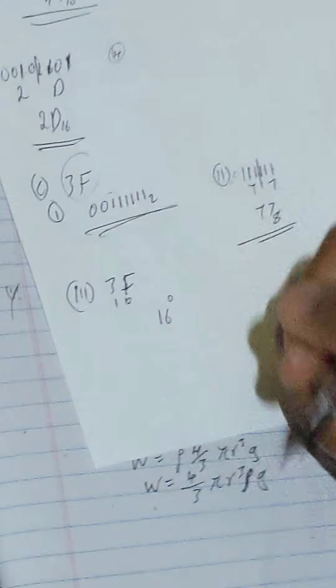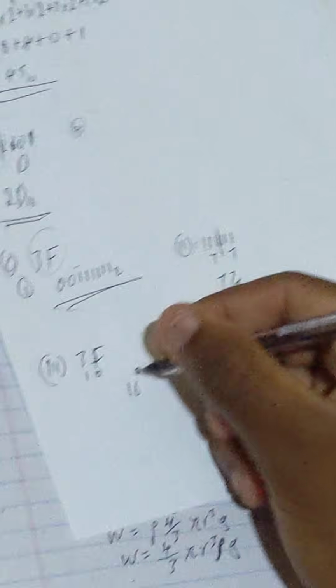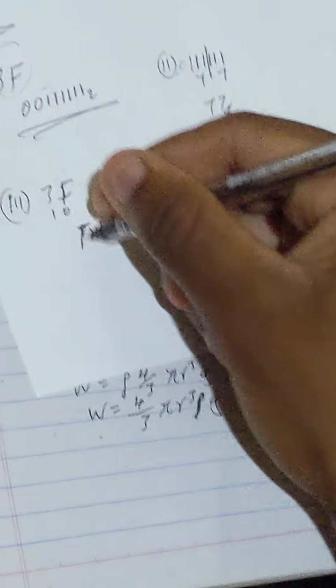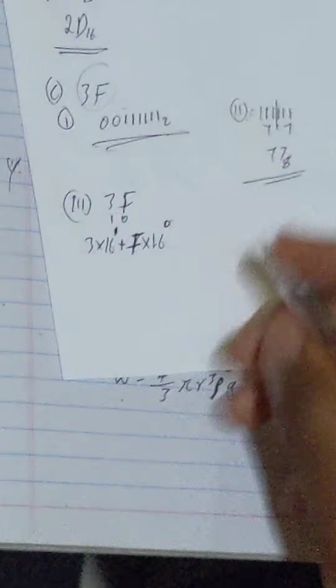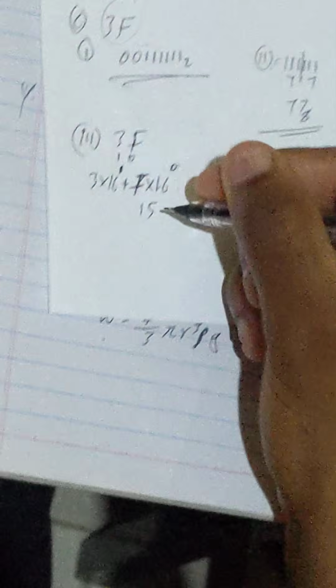Base to the power of the position, times the face, which is F, plus base to the power of the position times the face. 16 to the power 0 is 1. 1 times F, and F is 15. So you're going to do 1 times 15, it's 15.